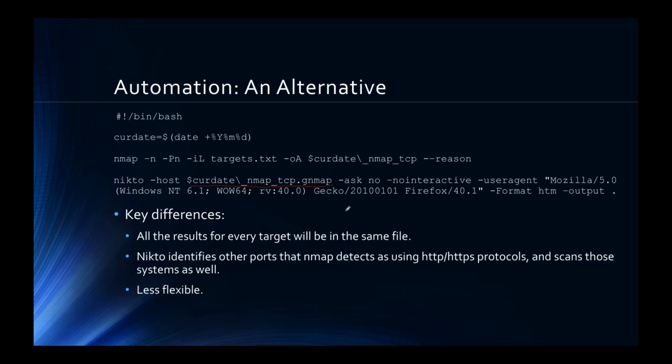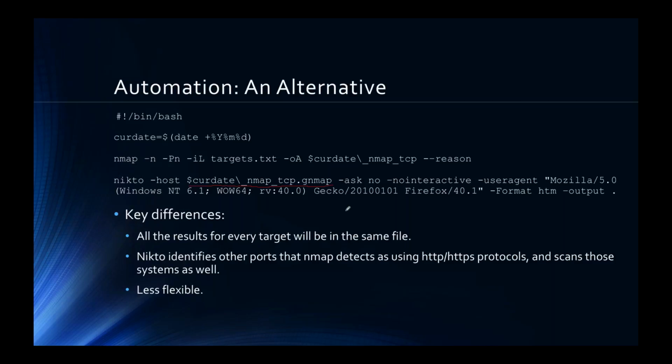And so what this will do is Nikto will actually go in and interpret the Nmap results file, find any of the instances where HTTP or HTTPS are designated or identified within that output file, and then go in and do the scanning for us. There are a couple of things that are cool about this, and one is it automatically knows which protocol to use, right, based on the designation within Nmap's file, whether it's HTTP or HTTPS.